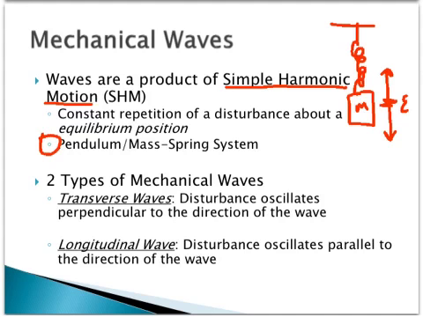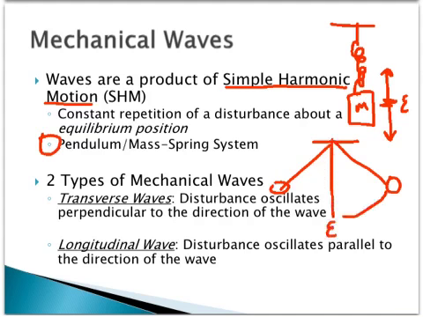Same thing with a pendulum. You lift up a mass to some height, and that mass is going to oscillate between two positions, always crossing some equilibrium position. So it's always going to go back and forth. It's a repetitive oscillation. Just think of what we just talked about, a wave pulse is created by a disturbance.